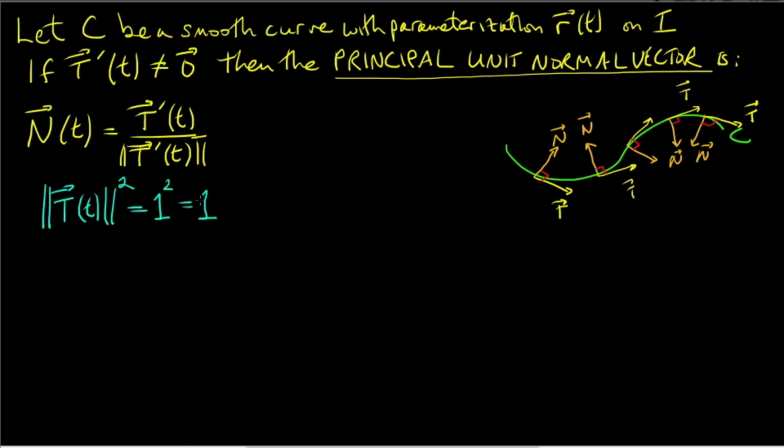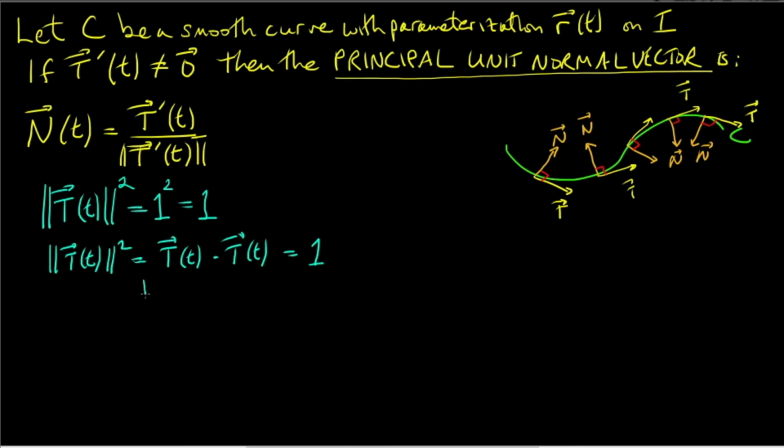So the magnitude squared is 1. And you might remember another way to write the square of the magnitude. It's just the vector dot product itself. So if you take T dot T, you get 1, which is a constant. It does not depend on little t.